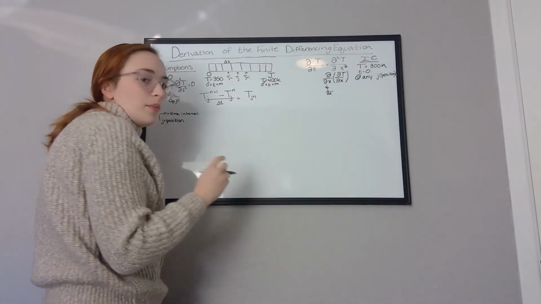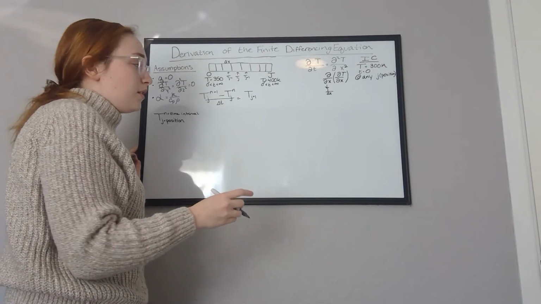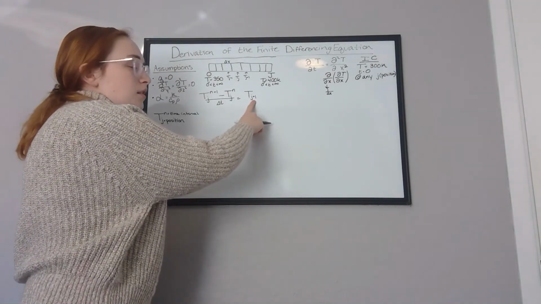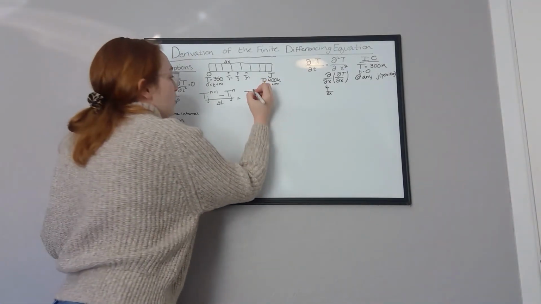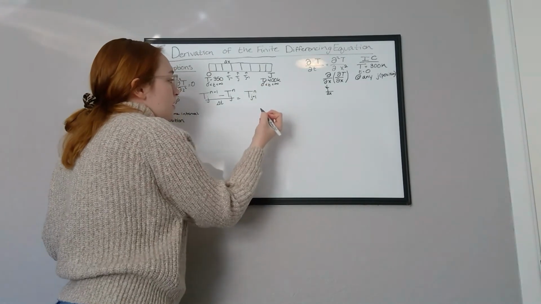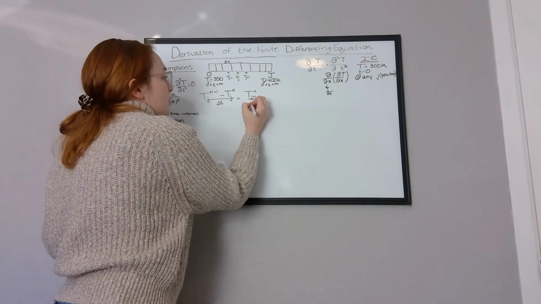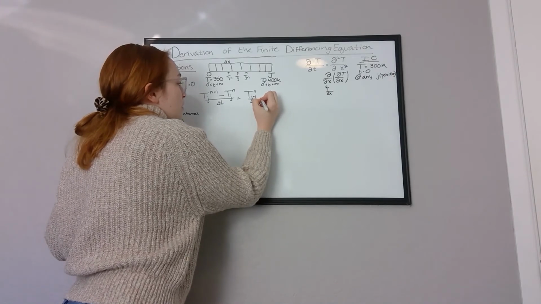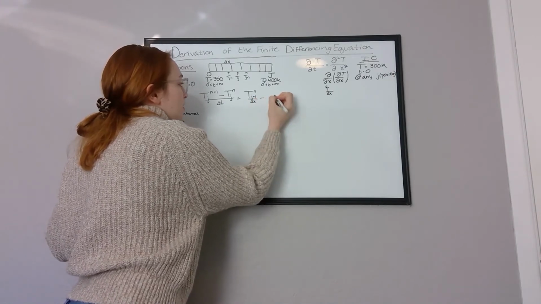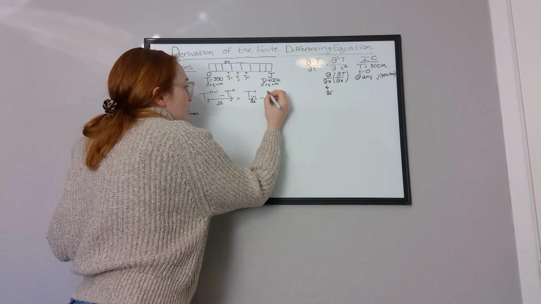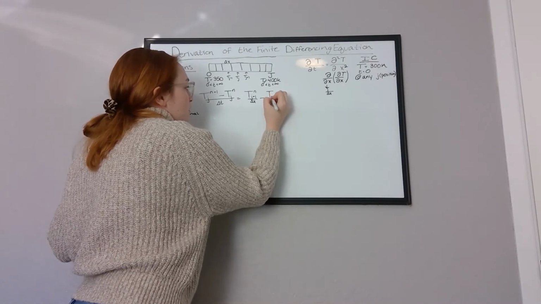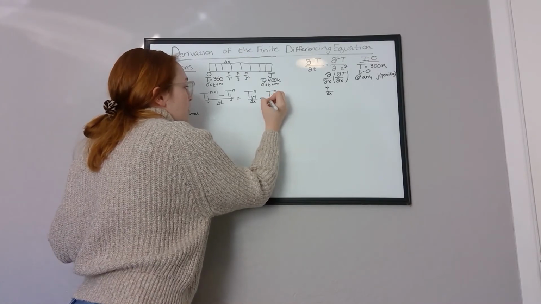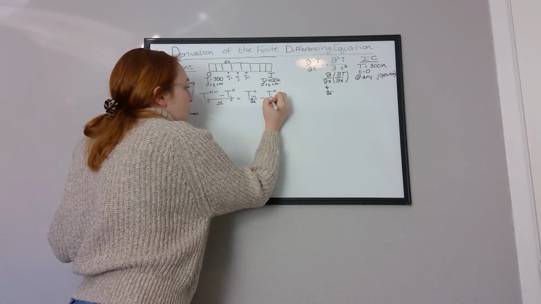And we want to look at them all at the same time interval because we only want one variable to change. So we'll use n over delta x, and then it'll be minus T of j n over delta x.